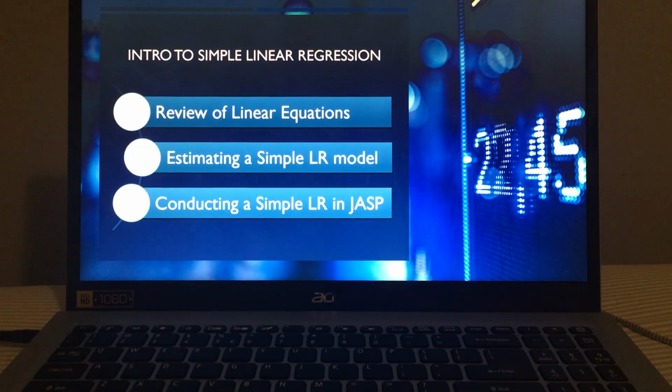Thirdly, the author changed the letters that were used to describe the coefficients from A and B to beta subscript 0 and beta subscript 1. That's just the way that statisticians prefer to refer to the coefficients in a regression model.